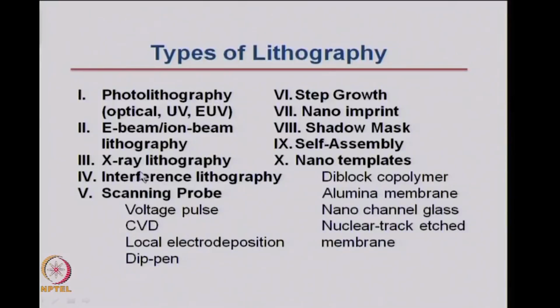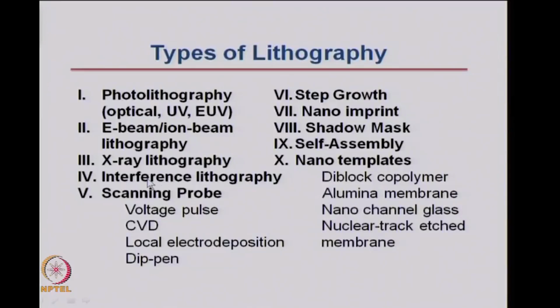X-rays have wavelengths in the order of 1 to 2 angstroms, that is like 0.1 to 0.2 nanometers, which is much smaller than the wavelength of UV or extreme UV radiation. So, X-ray lithography has much lower wavelength, and hence it can achieve certain things which UV and EUV photolithography cannot achieve.